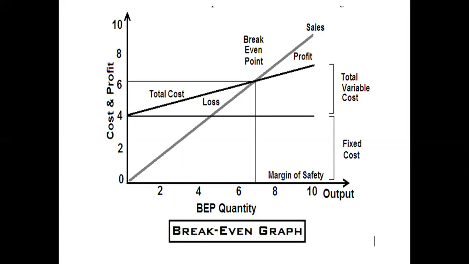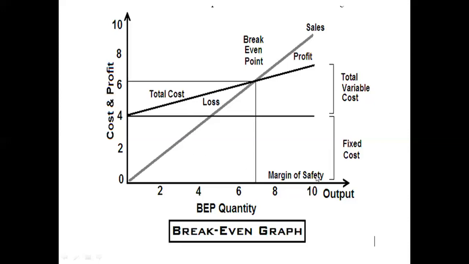Sales or expenditure in rupees is represented on the vertical axis. So what is this vertical axis? Here it is sales, cost and profit, whatever it may be. Expenses are represented on the vertical axis, and the expenses which have some cost are represented here.